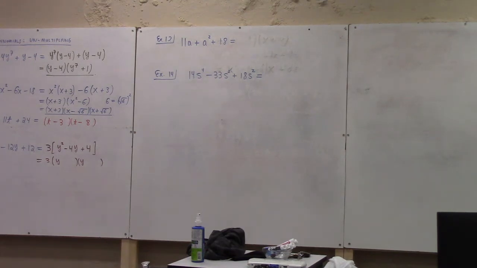1 times 4, 2 times 2, right? Minus 2 times minus 2, minus 1 times minus 4. What do we want?